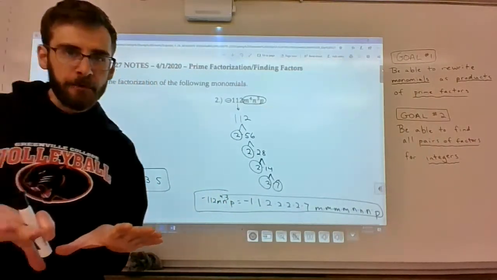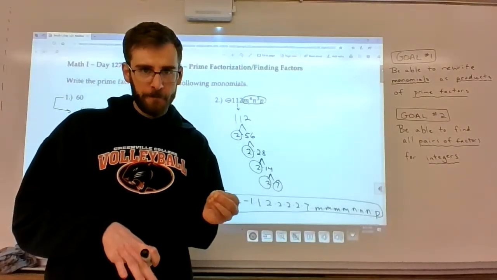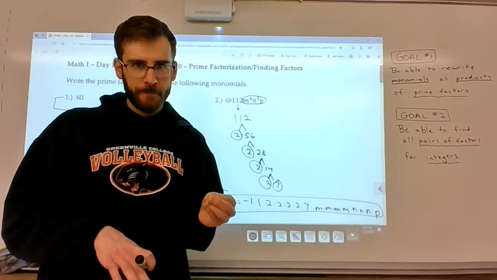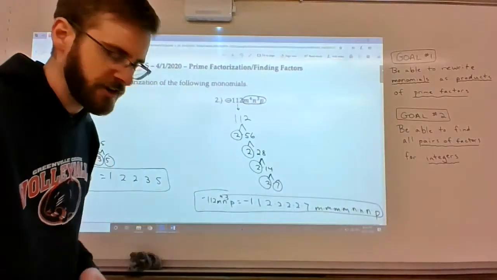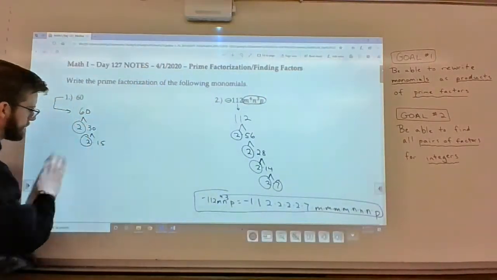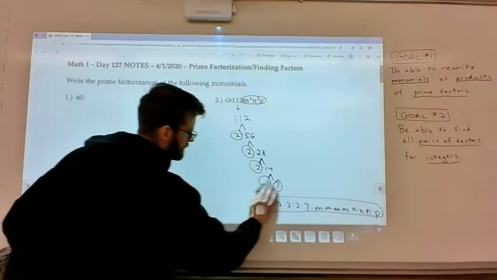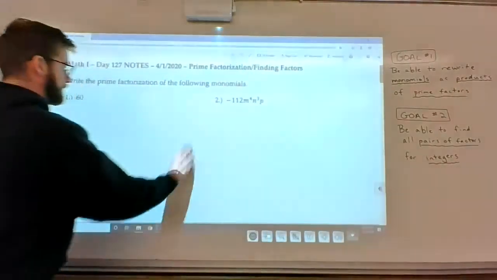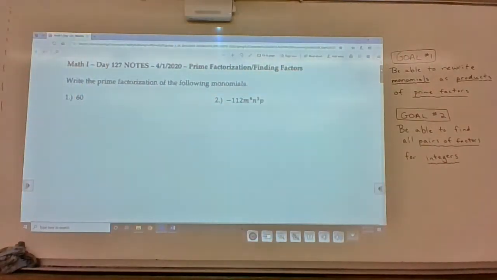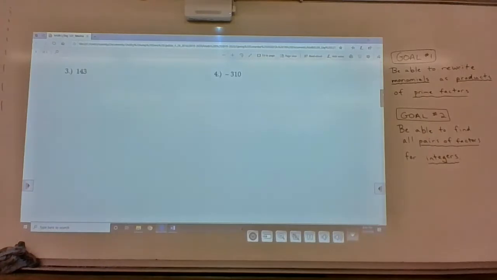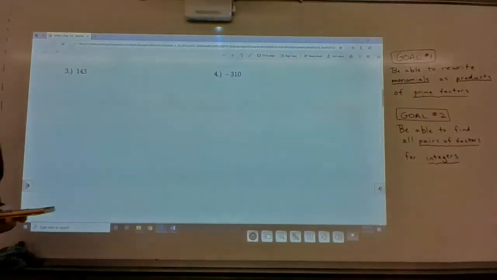All right, try number 3 and 4 on your own. So pause the video. Unpause. Here are the answers to number 3 and 4. 143 is kind of a tricky one.